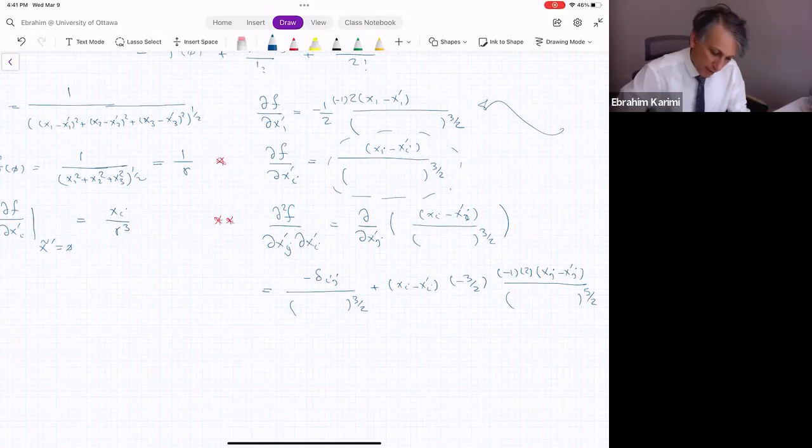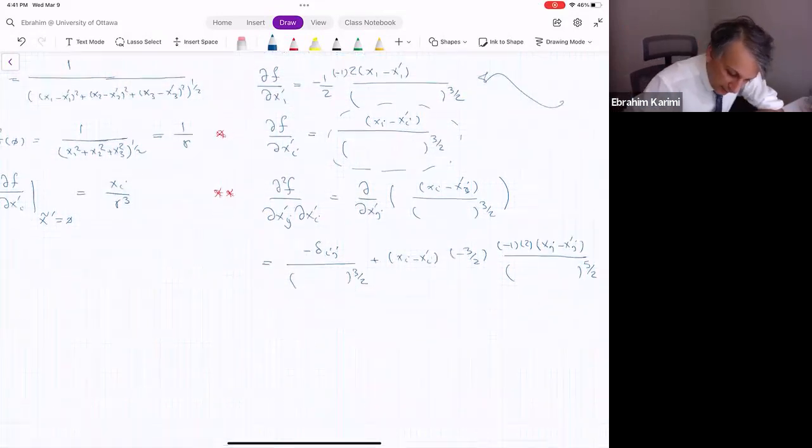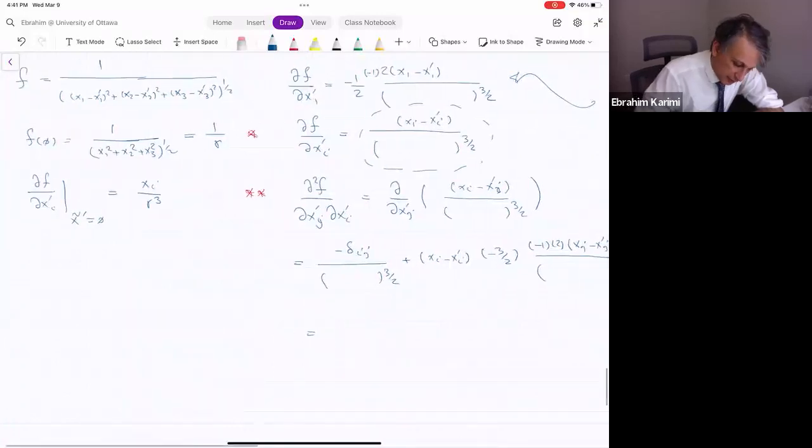Perfect. So let's simplify this. The 2 goes away with the 2. Let's just substitute directly because I don't need this expression; I'm not going to take another derivative.